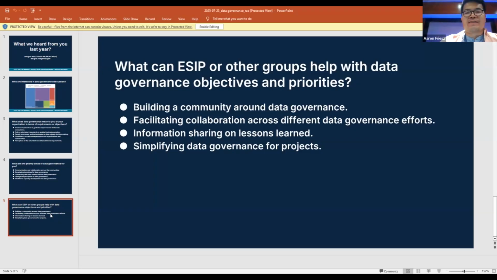And one specific suggestion I felt was quite interesting is simplifying data governance for projects, which was mentioned in last year's discussion but is relevant for the conversation today: really doing more with less and making things more efficient on the data governance side to improve data impact. And so with that, I'm happy to take any questions before we move on to the breakouts.